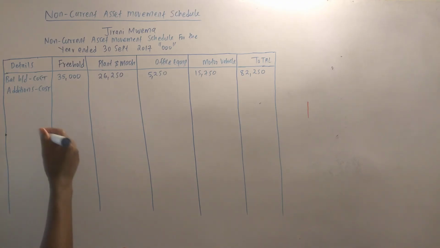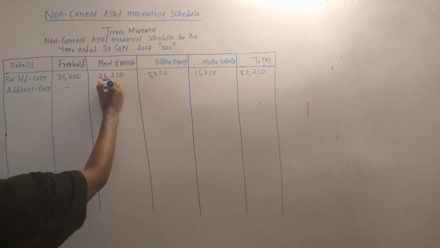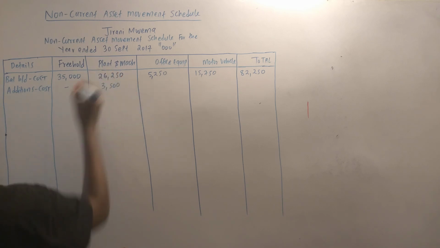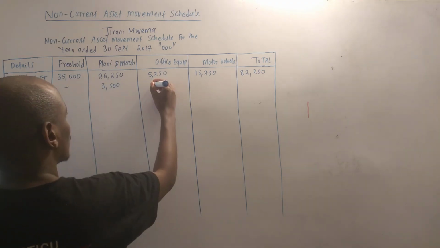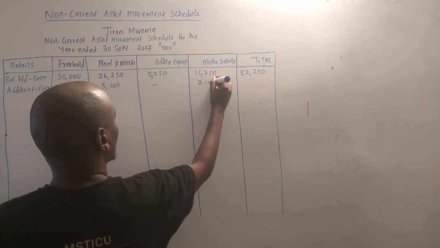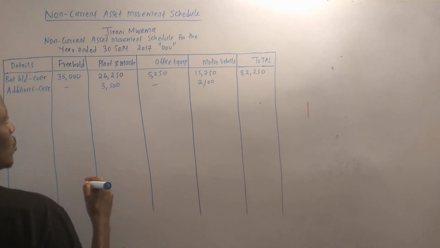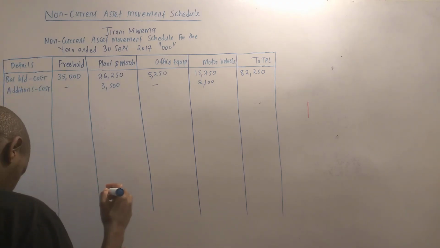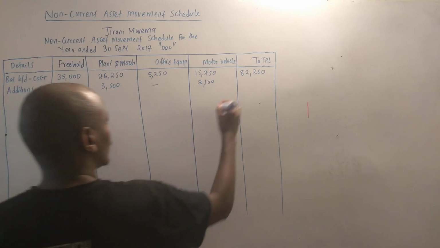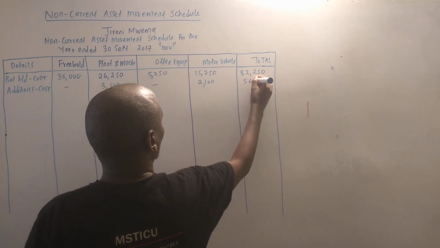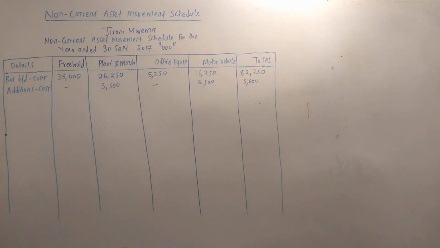We do not have freehold. This one is 3,500. We also have another one on 1st April, that is motor vehicle, 1,600. Then you add the total. When we add 3,500, 500 and 1,600, we have 5,600.